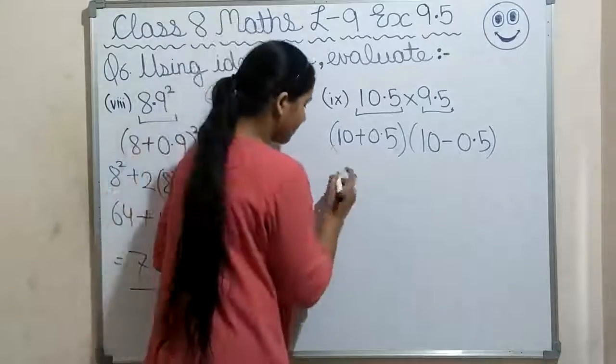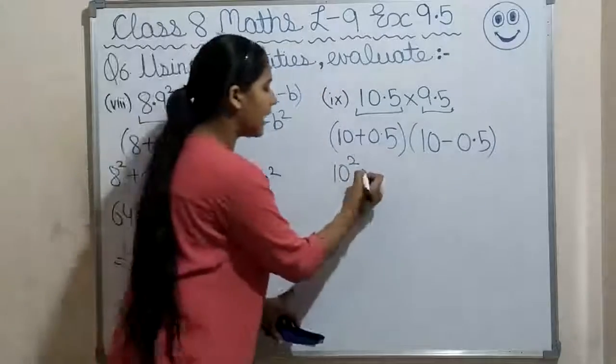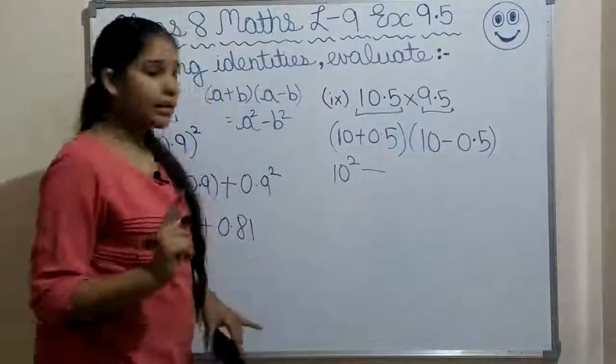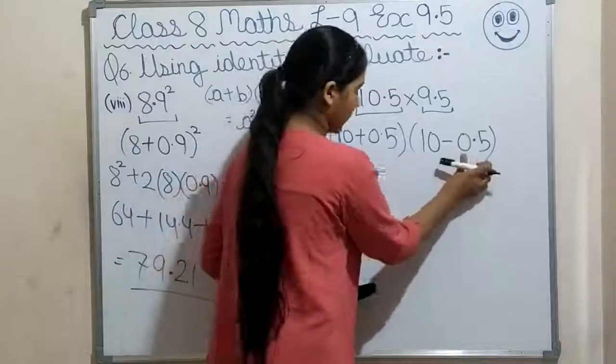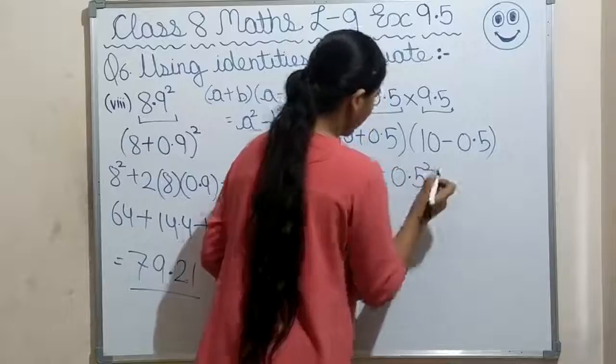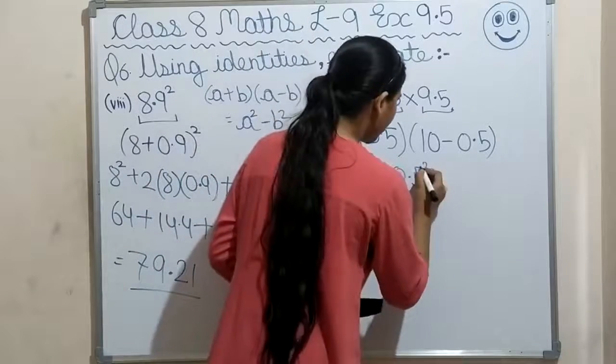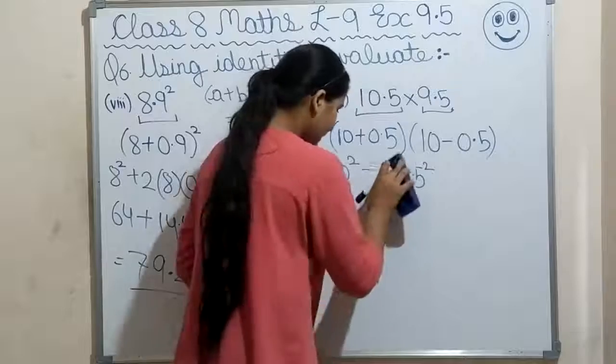So 10 means 10 squared, minus sign as it is, then b squared, b is 0.5, so 0.5 squared.